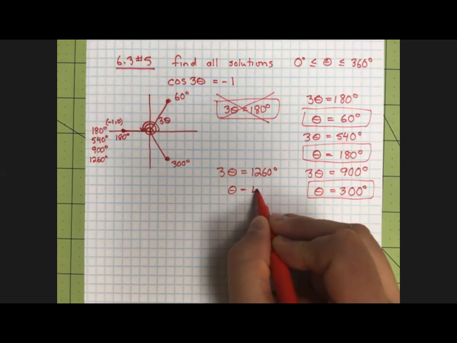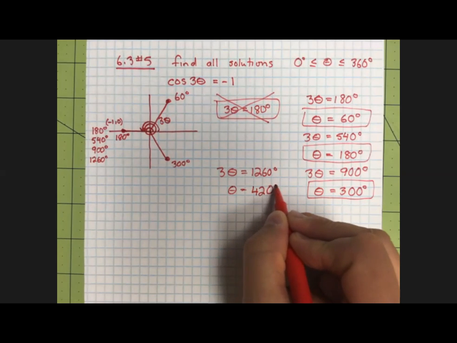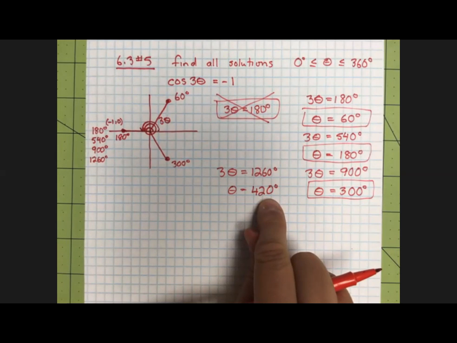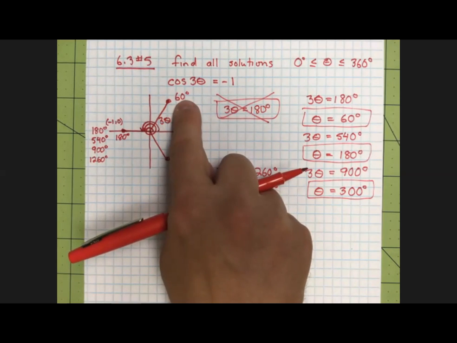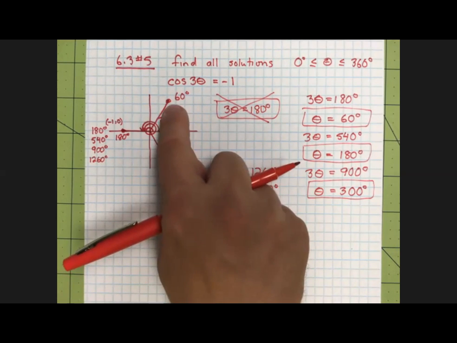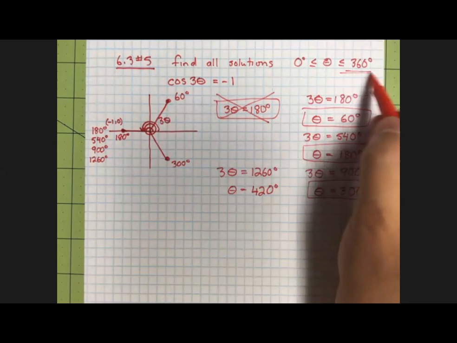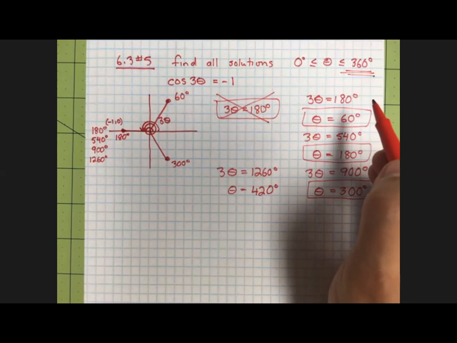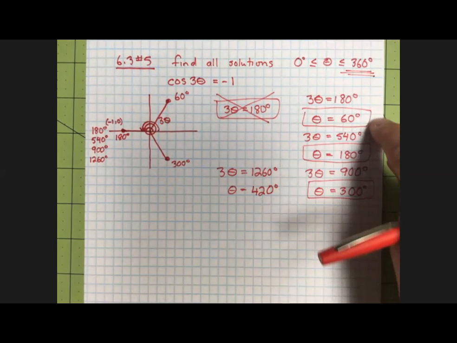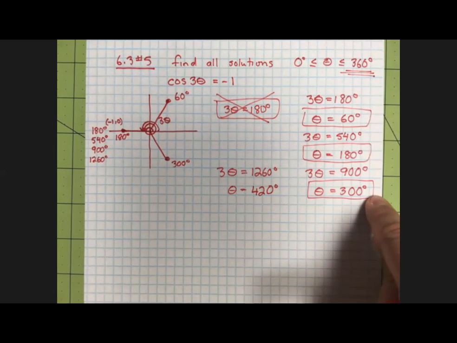Well, that would give me theta equals 420 degrees. This would work. It would be back here at 60 plus 360. But that's beyond what they asked for.